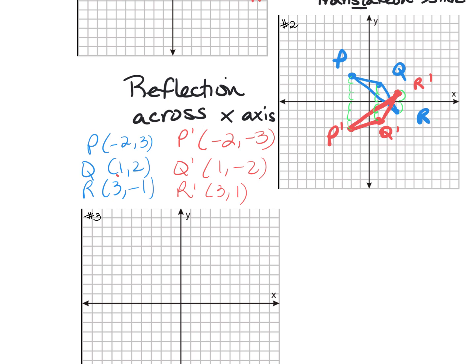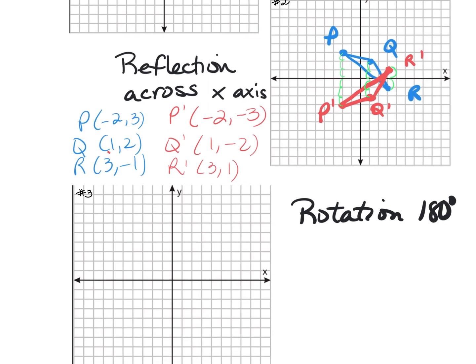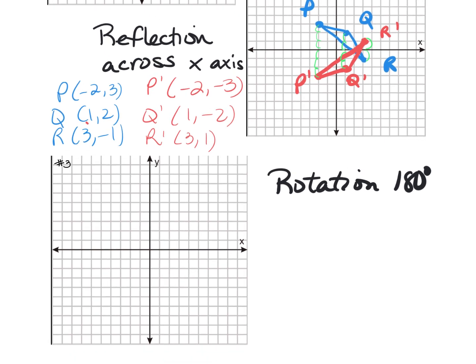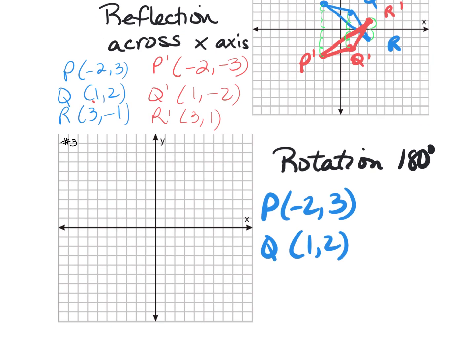Then the last one was the rotation. For rotations, you have to memorize the rules. It's just easier. So for a rotation of 180 degrees, and this doesn't matter if it's clockwise or counterclockwise, it's like a half a turn. So again, my originals are the same: -2, +3 for P, +1, +2 for Q, and then the R was 3, -1.